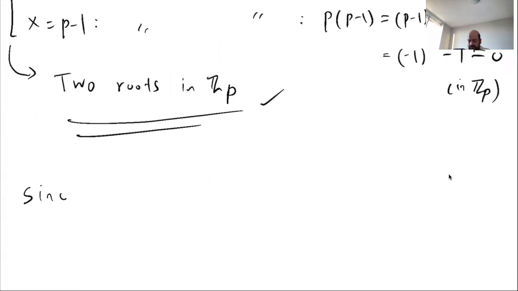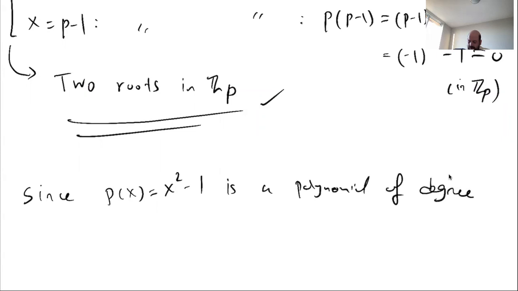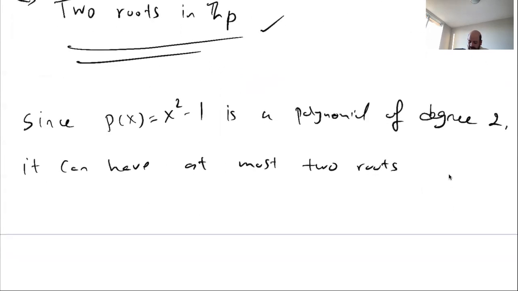So since P of X equals x squared minus 1 is a polynomial of degree 2, it can have at most 2 roots in ZP.